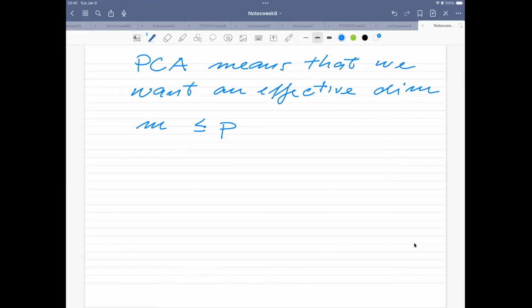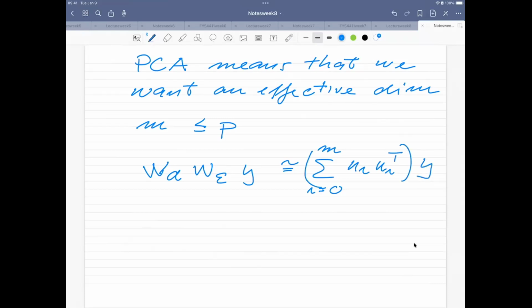So what we want now, if you look at this expression here, is that this V, which we call the decoder part, and V^T, the encoder part, multiplied with y, is now going to be represented by this sum from i equal 0 up to some dimension M of these vectors u_i, u_i transpose, multiplied with y.